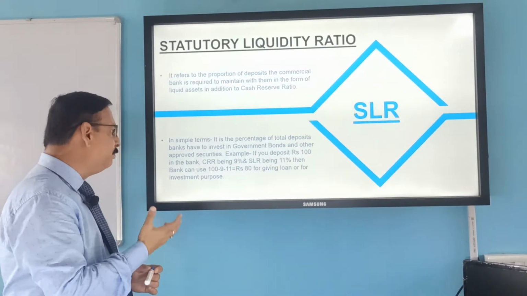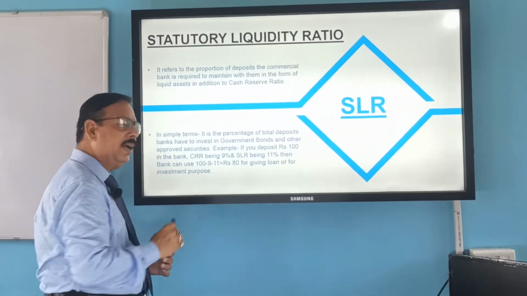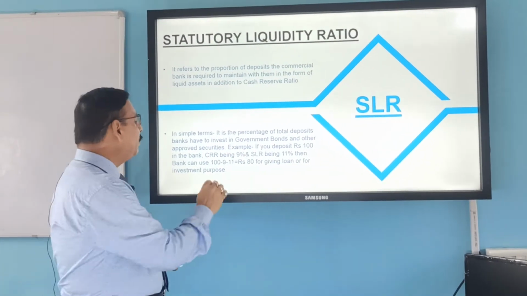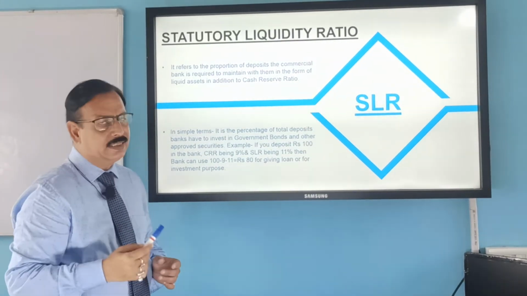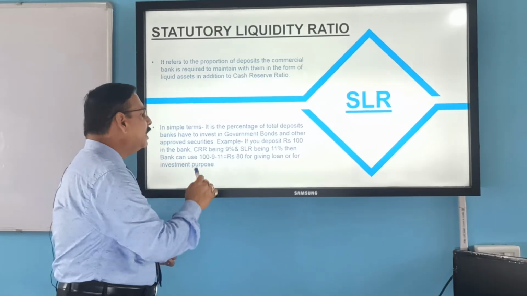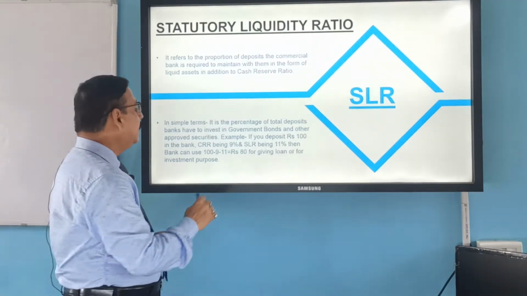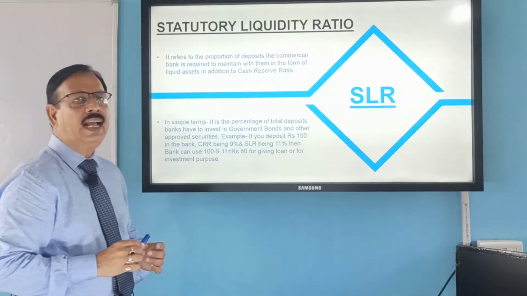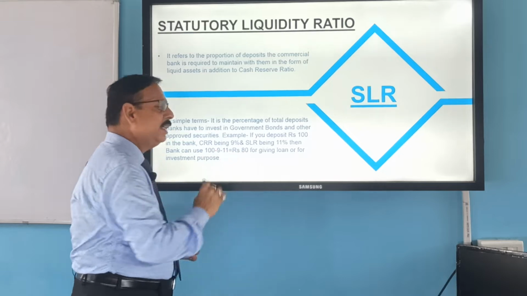You see, a simple mathematical formula is there. 100 rupees is with the bank, 9 rupees they have to keep with RBI, that is 9%, 11% they have to keep with them, that is SLR. Means how much money they have now? That is, they have rupees 80.